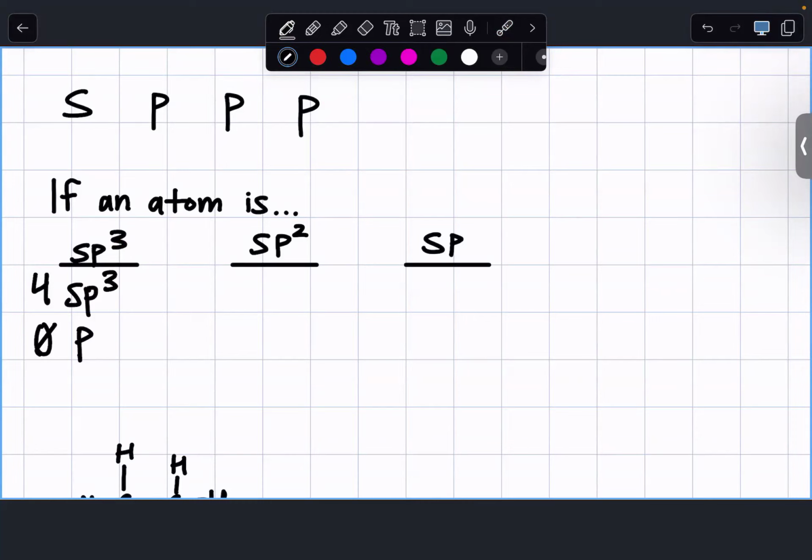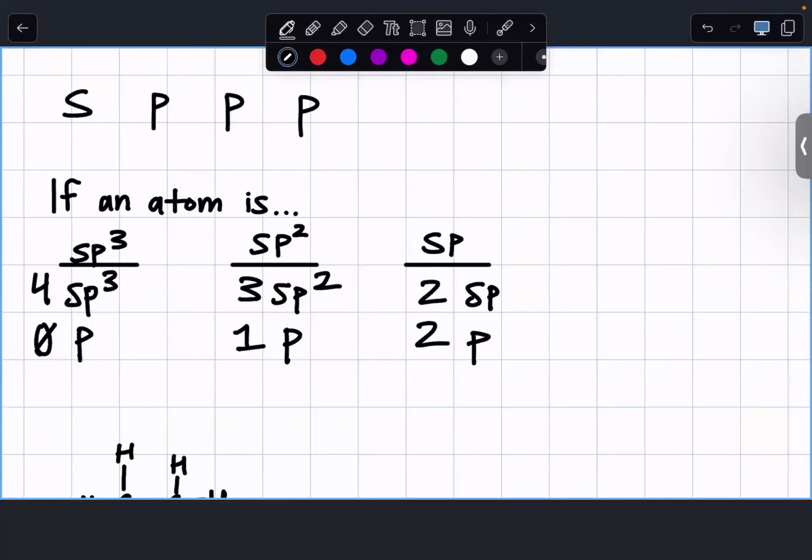All those four are going to make four sp3 orbitals here, right? So if an atom is sp2, then we are going to combine these three orbitals, 1s and 2p orbitals. That gives us 3 sp2 orbitals and 1 remaining unhybridized p orbital. If an atom is sp hybridized, then we would have 2 sp orbitals and 2 remaining unhybridized p orbitals, right?